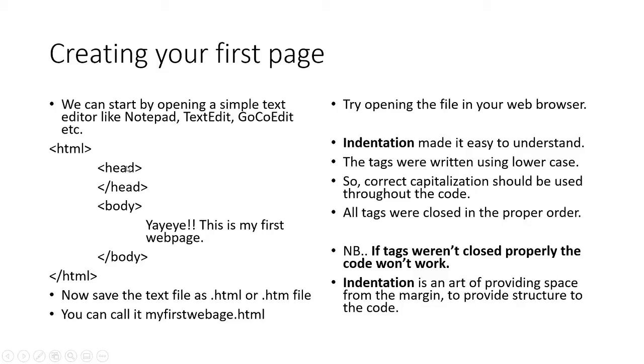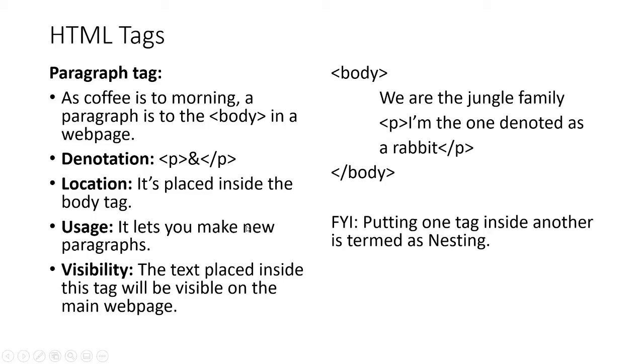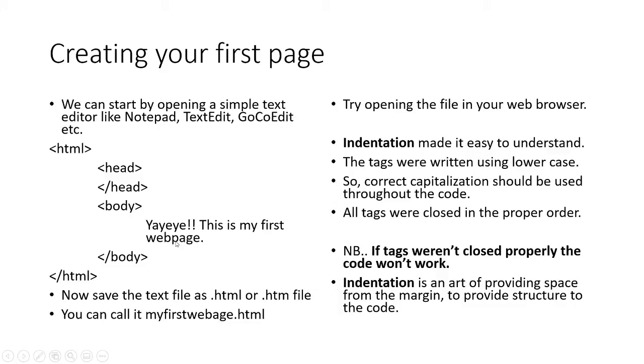I have the head, which is the prologue of my HTML file. Inside I'm going to add my own title. Then I have the closing tag for my head tag. Then I have my body tag, and here I write: This is my first web page. Then I have my closing tag of the body, and then my closing tag of my HTML.